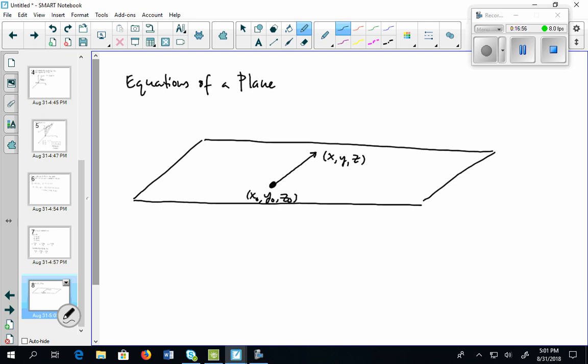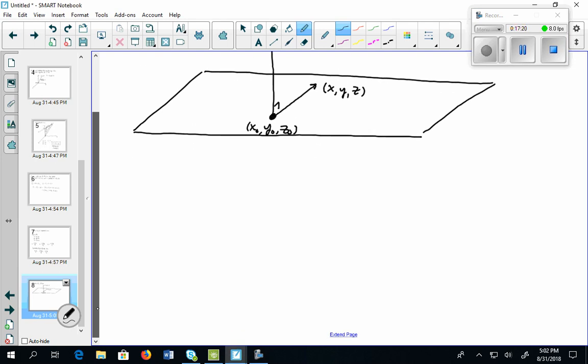Now, if we take a vector that's perpendicular to the plane that goes right through x₀, y₀, z₀, we can draw it like this. Let's do the little perpendicular symbol here. And I'm going to call this vector lowercase n and define it to be ⟨a, b, c⟩.